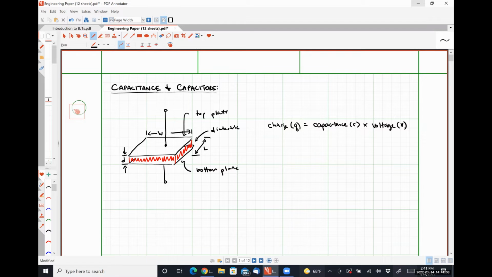So that capacitance is the ratio of charge over voltage, and therefore has units of coulombs per volt, which is the same as an amp second per volt, or 1 farad, with the symbol F.